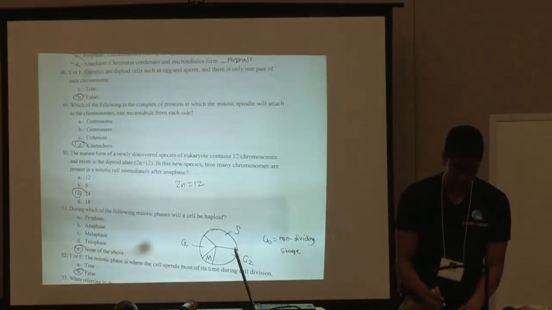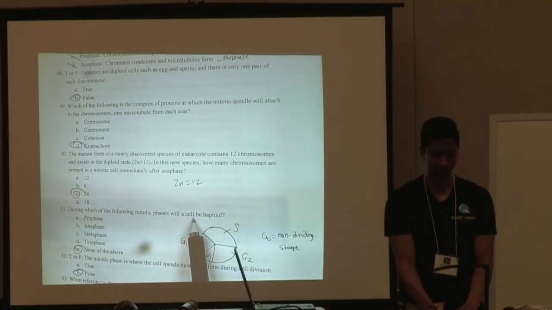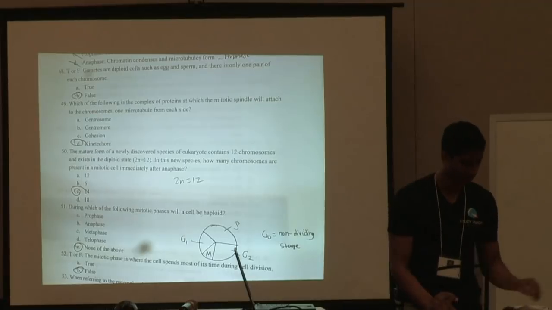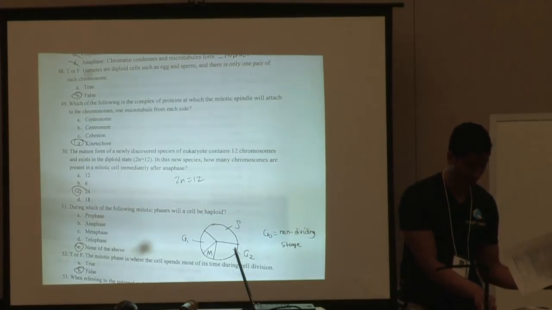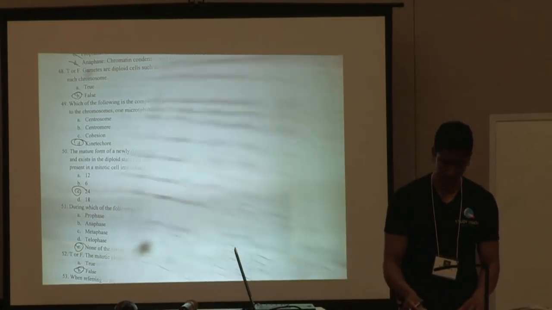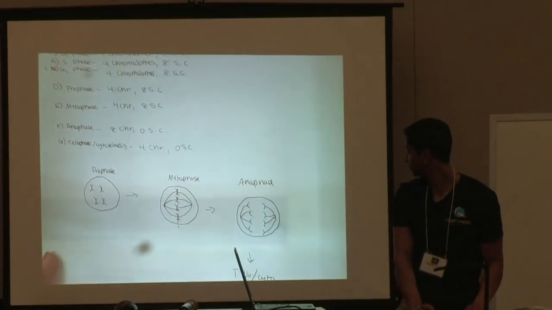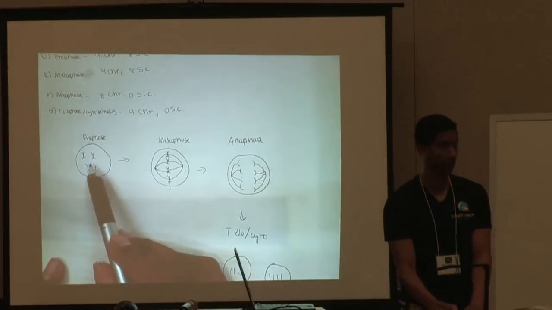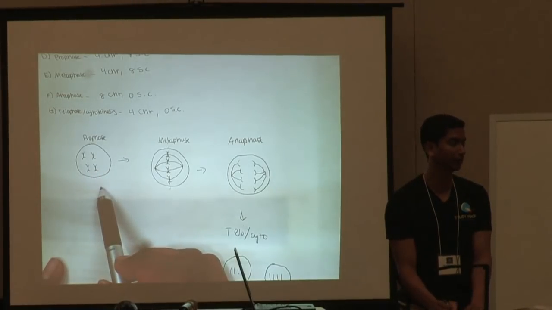So during which of the following mitotic phases will a cell be haploid? If we look here, this is mitosis, right? So at no point has it become 2 chromosomes in the cell, which would be the haploid part.